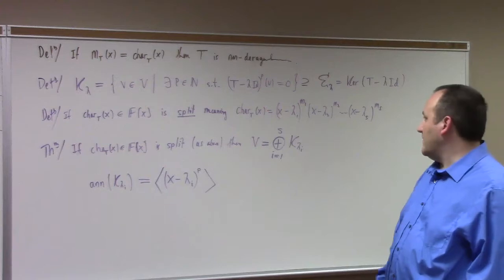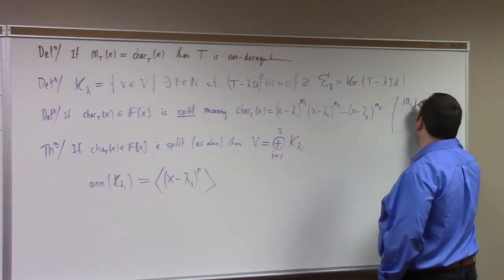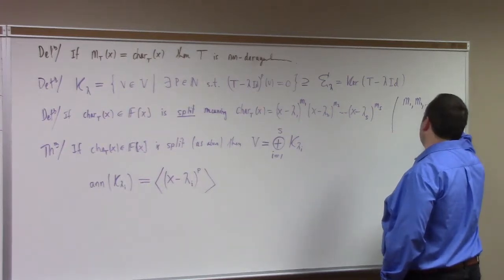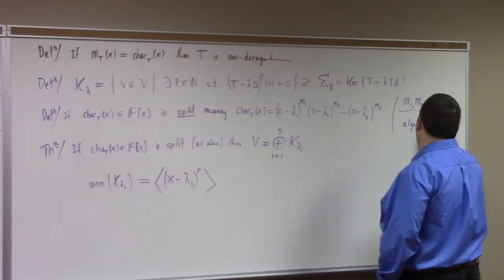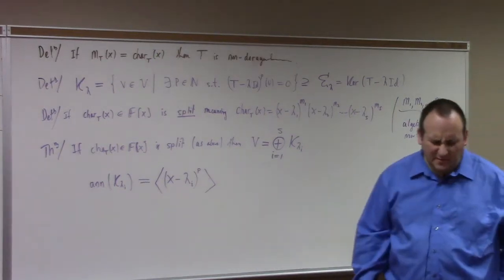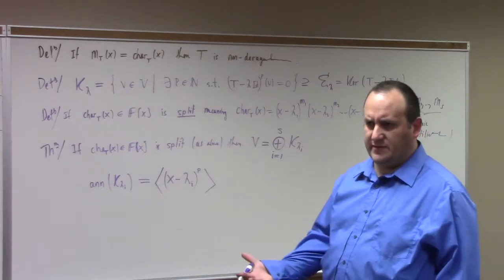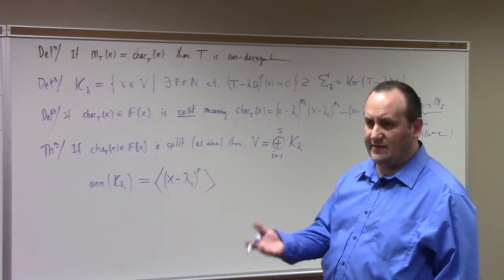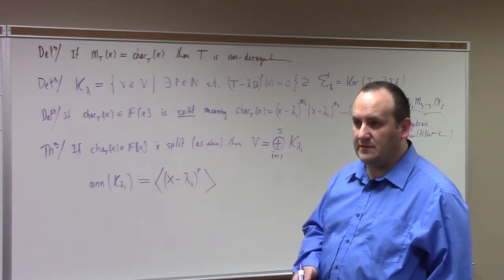So in this case, M1, M2, through MS, these are the algebraic multiplicities, you may recall. In contrast, of course, we could talk about the geometric multiplicities, which would be the dimension of the eigenspaces. We prove what? We prove that the algebraic multiplicity puts an upper bound on the geometric multiplicity.